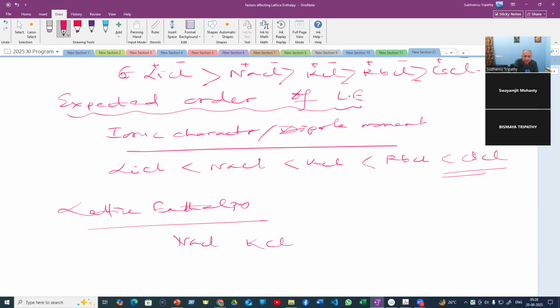In that case, the lattice enthalpy dominates over the polarization effect. They oppose each other. As a result, the physical properties are well predicted by lattice enthalpy. So, if this is the case, this is the lattice enthalpy order.